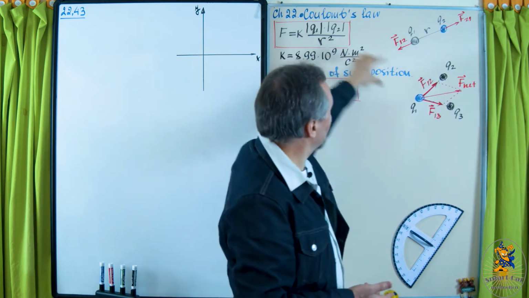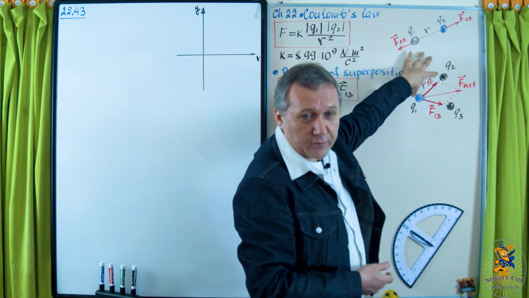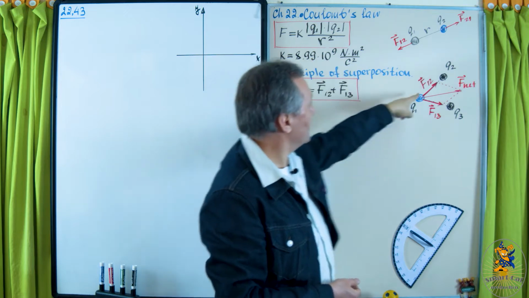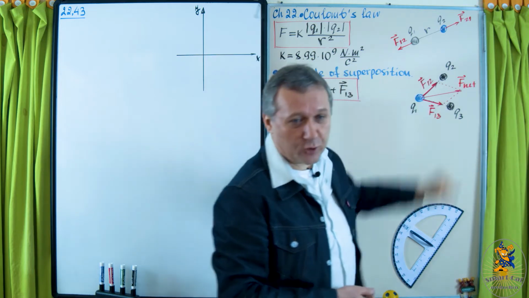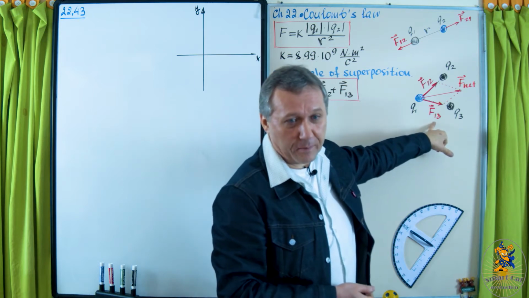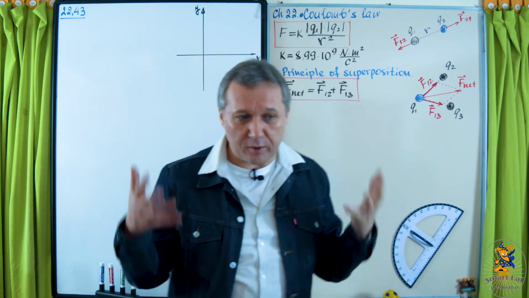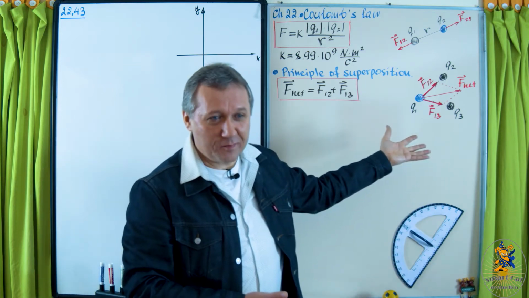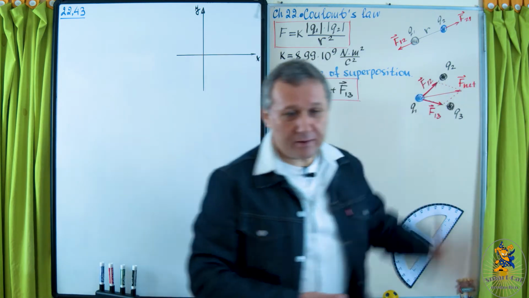First, apply Coulomb's law for the pair Q1 and Q2 to get F12, and then for the pair Q1 and Q3 to get F13. Then the principle of superposition, a very powerful principle: you just add them as vectors, and you will get the net force.